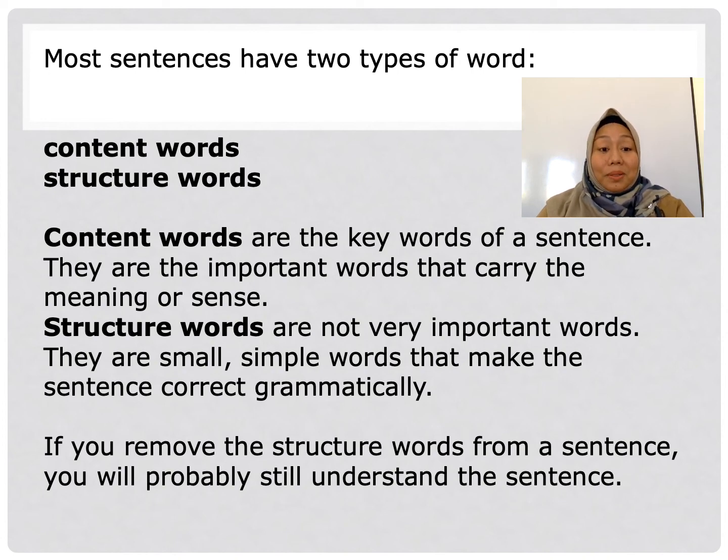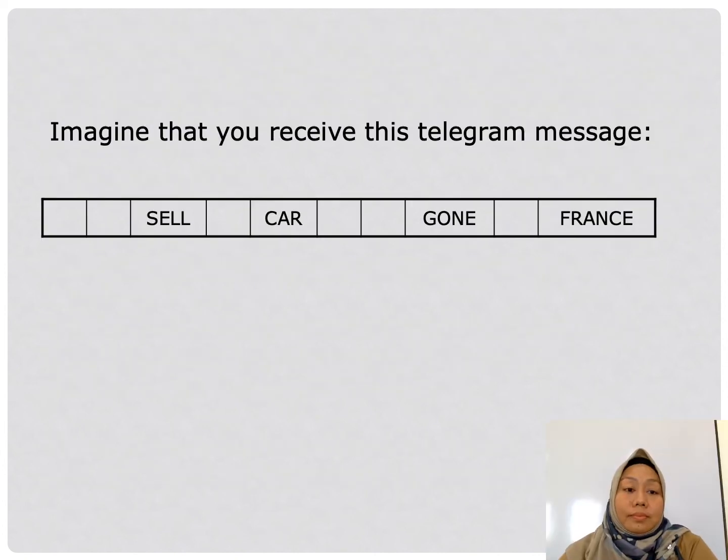Subjects, for example, say table, mobile phone, people, are content words. Let's take a look at this one. Imagine that you receive this telegram message: "Sell car gone France." Can you still understand what is meant by the sender?